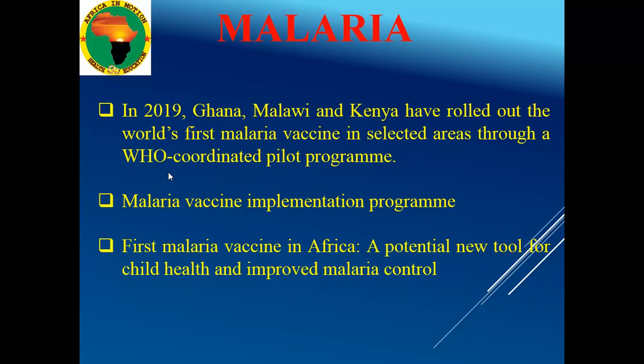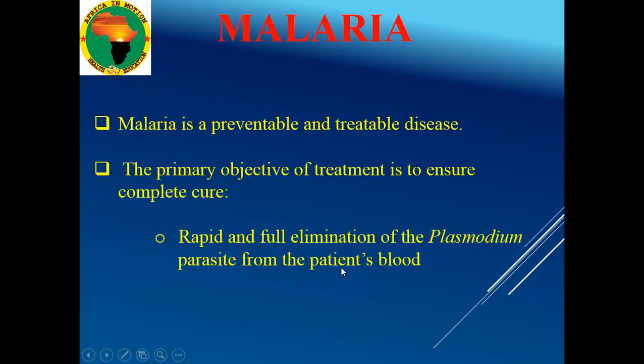We believe it is going to produce a good outcome where the vaccine will be made available to people so that we can overcome this big challenge that has been existing for centuries now. So the first malaria vaccine in Africa is going to be a potential new tool for children's health and improve malaria control.